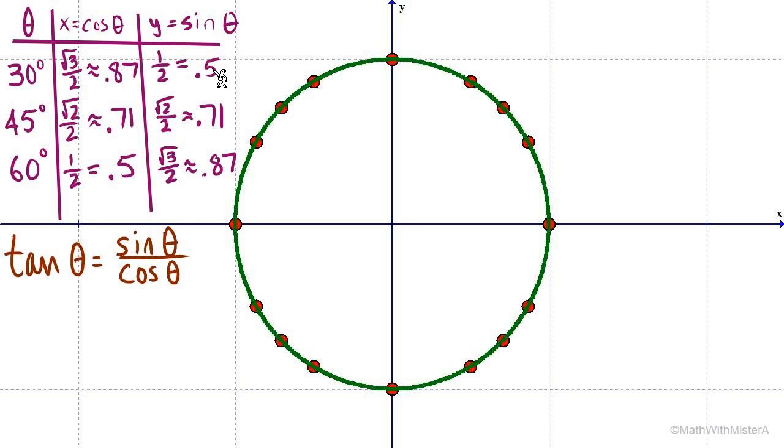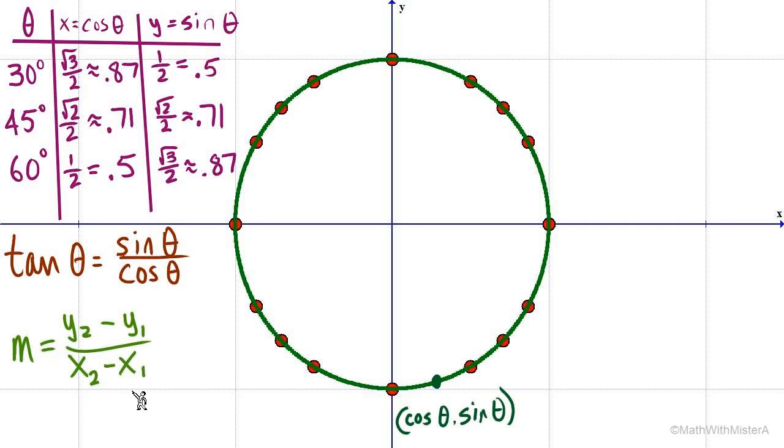Well, let's break down some important things to know about tangent. Remember this formula for calculating slope, y2 minus y1 over x2 minus x1. Now we're going to pick some random point on the circle. It's down here, and we know that our x and y coordinates on the unit circle are cosine angle and sine angle, and it's the angle caused by rotating from 0 degrees counterclockwise around to this point here in quadrant 4. I'll now think about a segment from the origin to this point, and at the origin we know that coordinate is 0, 0.